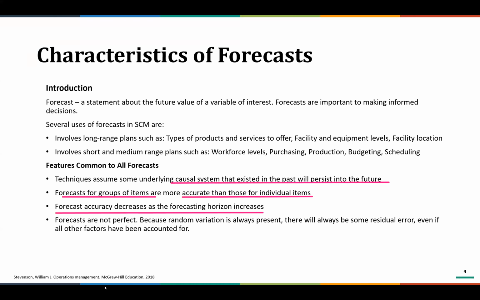For example, the demand for a newspaper tomorrow will be pretty similar to yesterday, compared to being asked to forecast for a newspaper next year. So the forecasting horizon also affects forecasting accuracy.